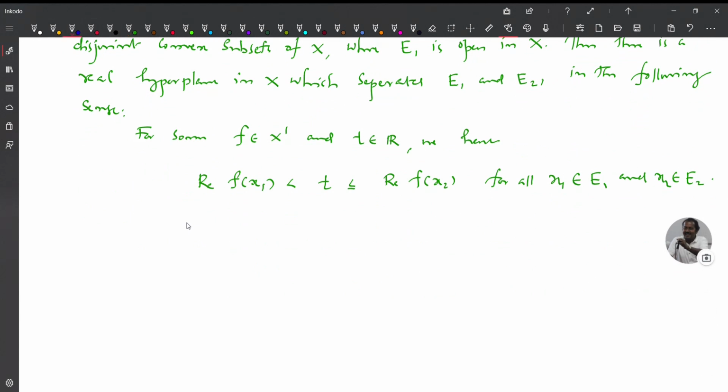Proof. We have the set E1 minus E2, equal to the set of all x1 minus x2 such that x1 belongs to E1 and x2 belongs to E2, is non-empty and convex.